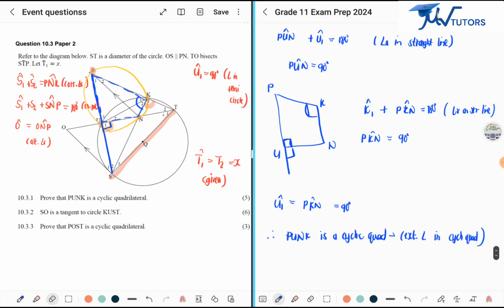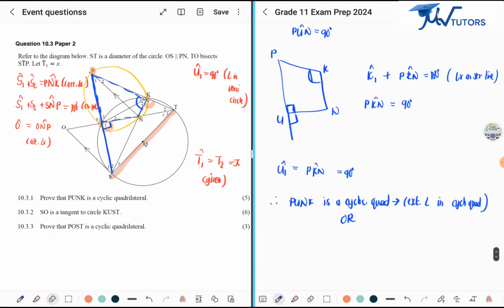That's how you write that. Or you could have said PUN plus PKN. Yeah, I'd just rather say that. Or you could say PUN plus PKN is equal to 180 degrees.